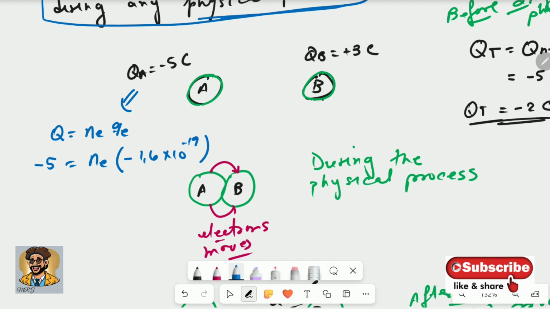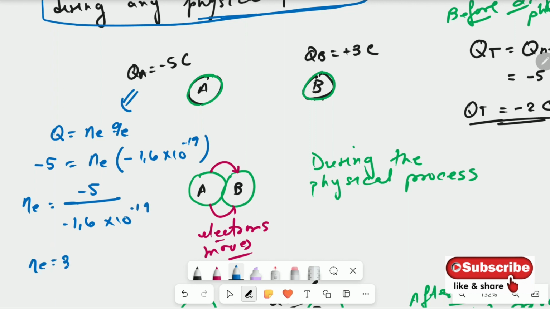You rearrange this one. Number of electrons is equal to minus 5 divided by negative 1.6 times 10 to the minus 19. How much do you get for the number of electrons? 3.125 times 10 to the power positive 19 electrons.